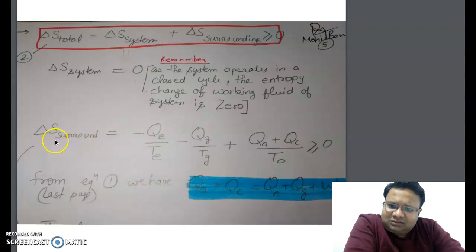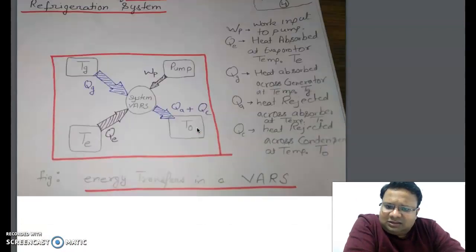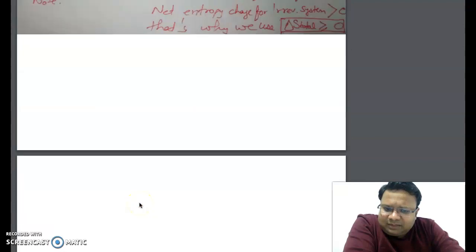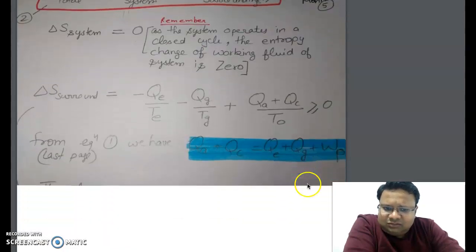So delta surroundings is QE upon TE minus QG upon TG, because we take the system separately: heat is going out, heat is coming out, so minus QG upon TG minus QE upon TE plus QA plus QC upon TO, that is greater than or equal to 0.